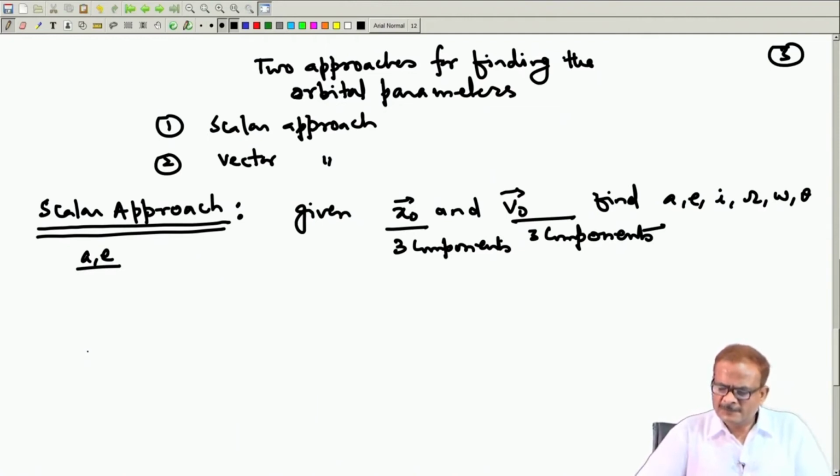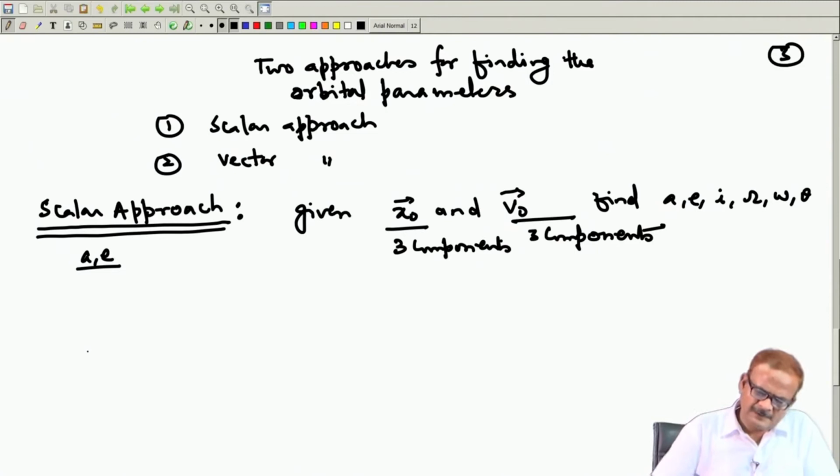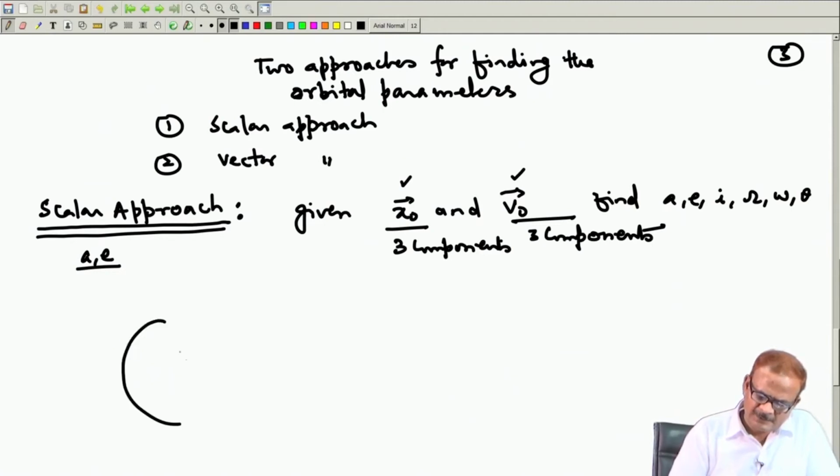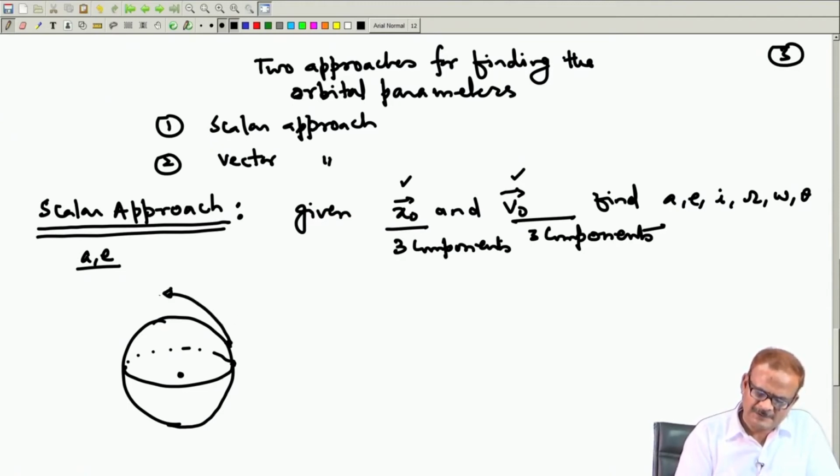Now, one thing I would like to remind: it may happen that these things are not available. In that case, what is available? Like if India is launching its satellite, this is the equator and somewhere Harikota is here, and say a polar satellite is being launched and injected into the orbit.